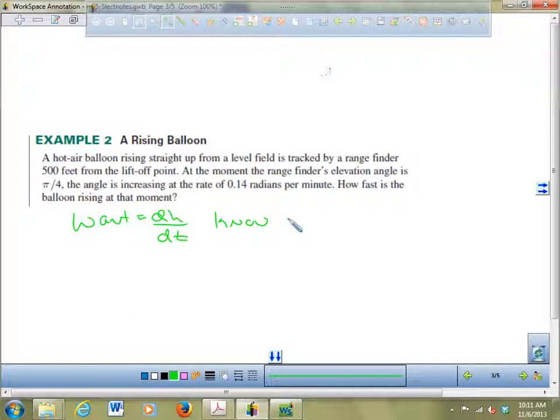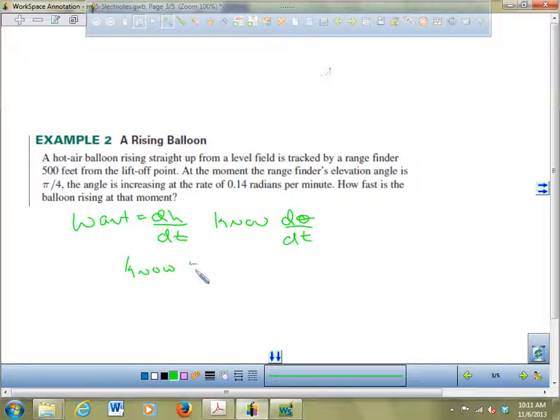Usually in calculus, since we're smart, we call that d theta/dt. Okay? Understand that? You know d theta/dt. You also know, or you're given, the angle and the distance. And these are the things, so now you're going to find these things at a specific point, because these rates change depending on these other things.